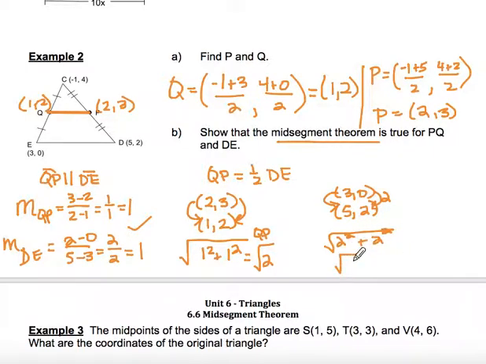This is the square root of 8, which can be broken down, because this is 4 times 2, into 2 root 2. So would half of 2 root 2 equal square root of 2? Yes, it would. So this proves the midsegment theorem.